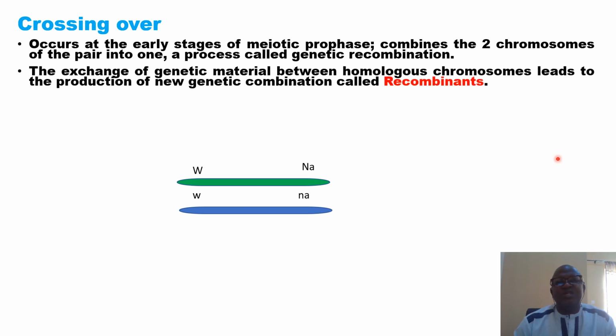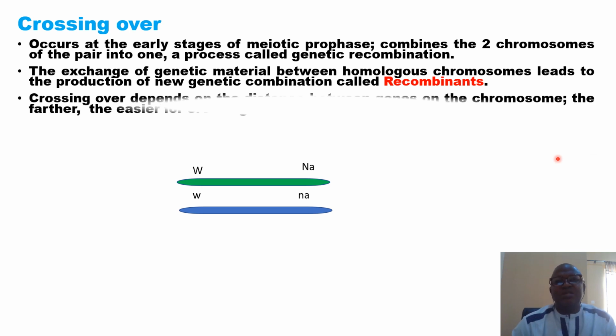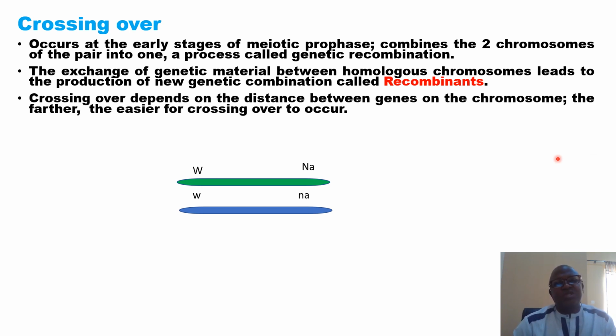So the exchange of genetic material between two homologous chromosomes will lead to the production of a new genetic combination called recombinance. And like we said before, this depends on the distance between the genes on the chromosome. The farther the distance, the easier it is for crossing over to occur.